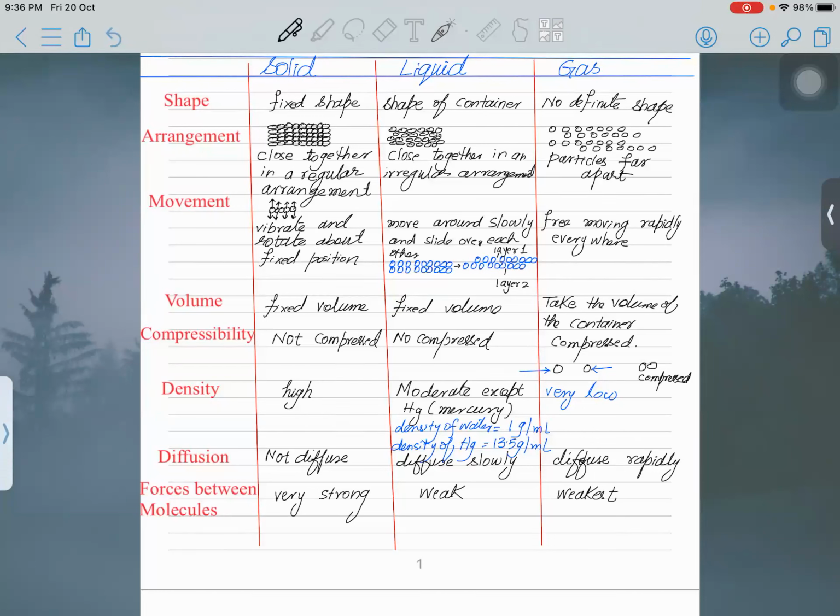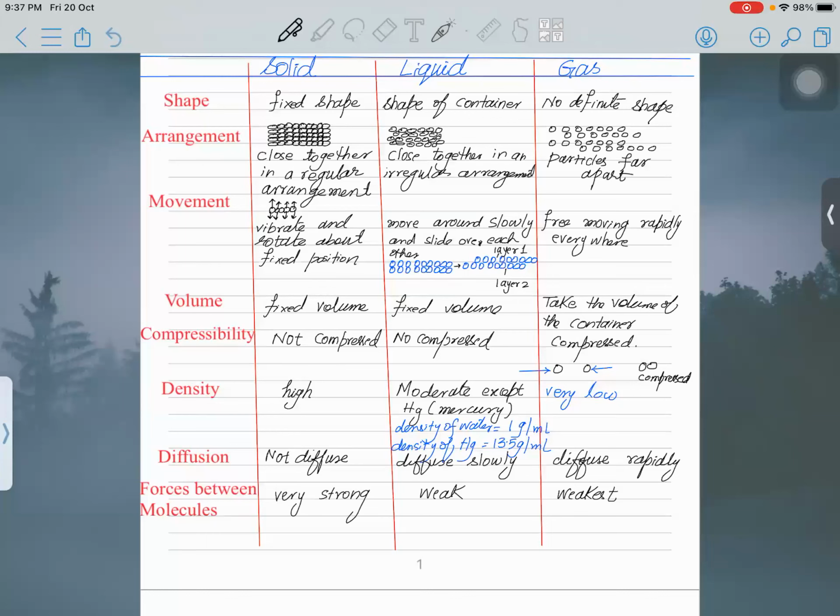Solids vibrate and rotate about their fixed position. Liquid move around slowly and slide on each other, and gases move randomly everywhere.